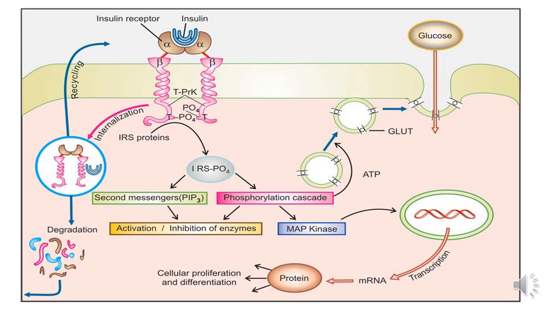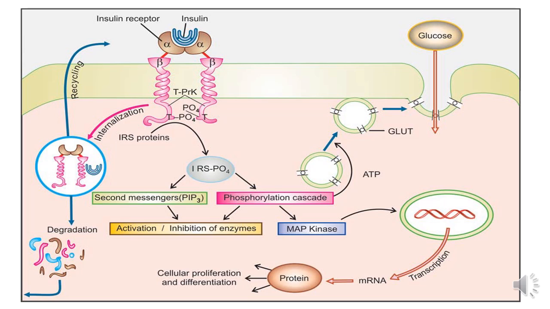So the beta subunits are responsible for phosphorylation of the tyrosine residues on each other, and this is responsible for exposure of the catalytic binding site, and this is the reason for phosphorylation of insulin receptor substrate proteins, or IRS proteins.